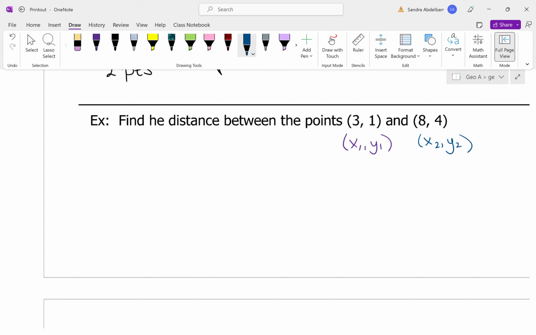Because remember, every point has an x coordinate and a y coordinate. So to find the distance between these 2 points, I'm going to use the formula d equals the square root of the quantity x2 minus x1 squared, plus the quantity of y2 minus y1 squared.